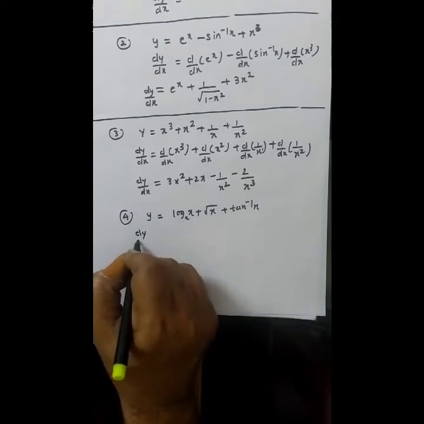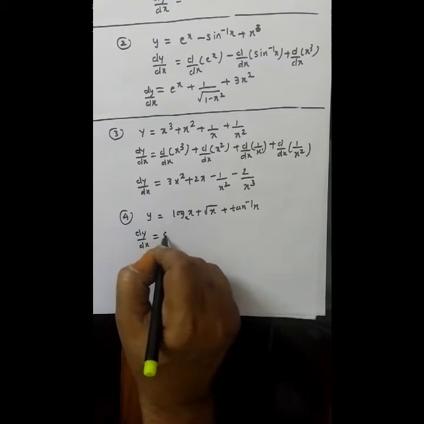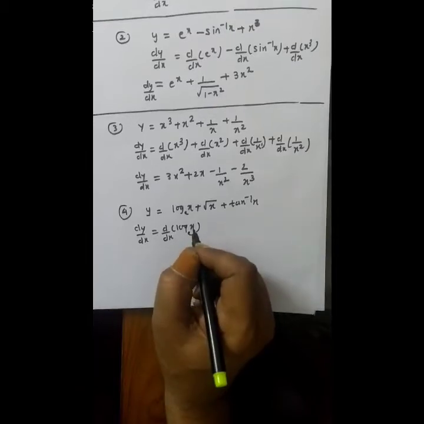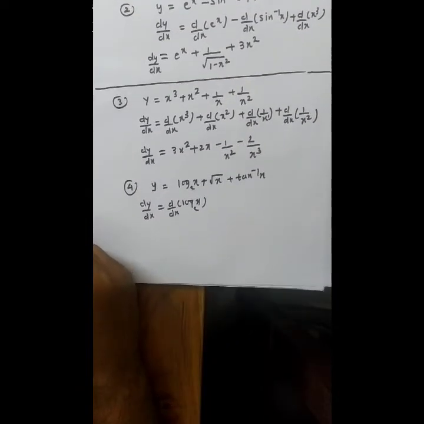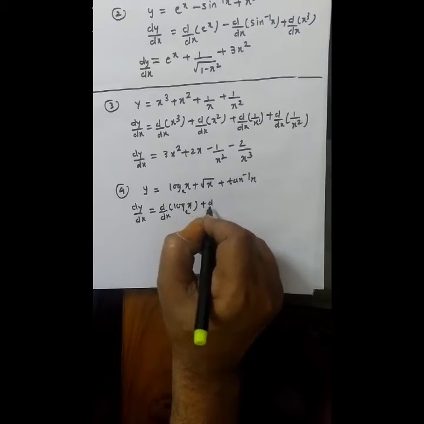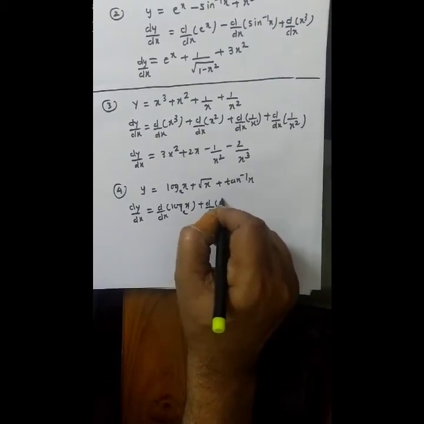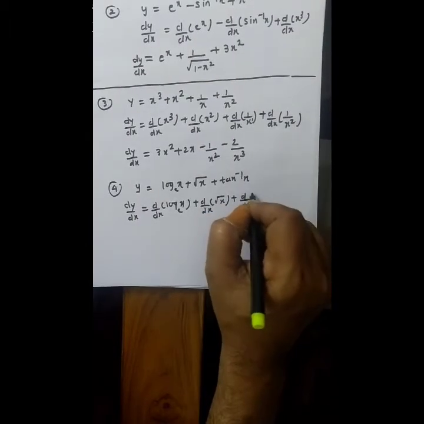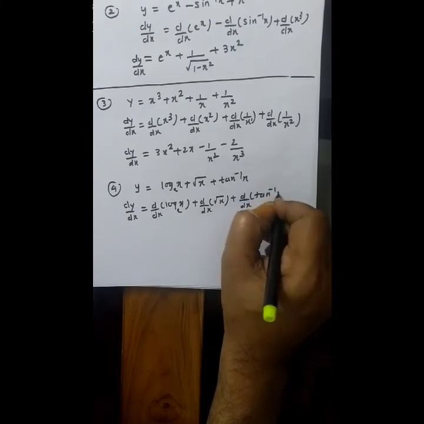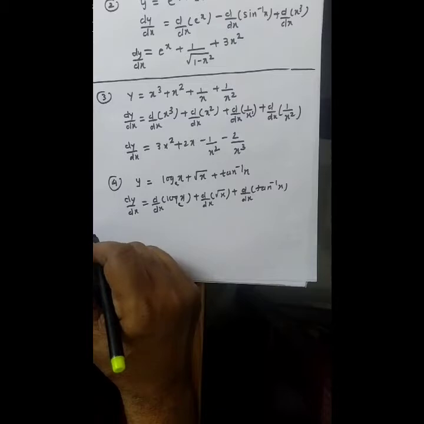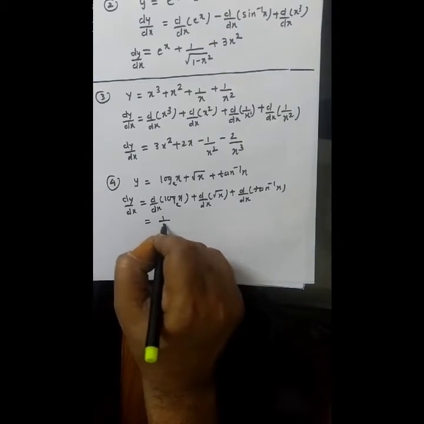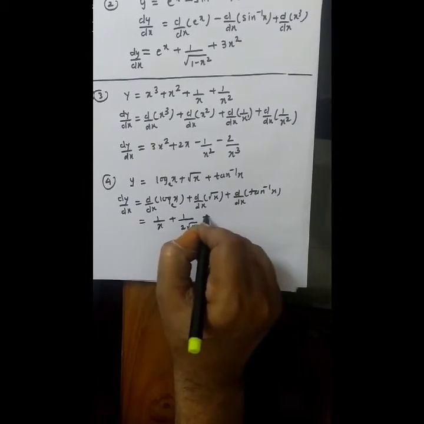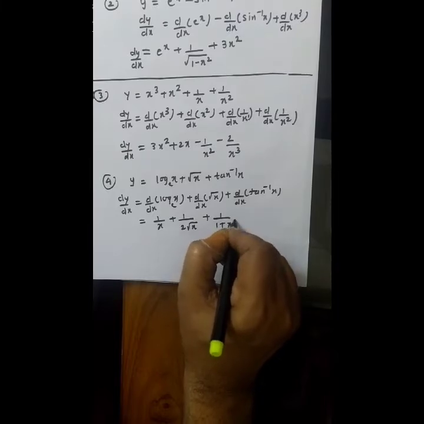So dy by dx is d by dx of log x plus d by dx of root x plus d by dx of tan inverse of x. Now you have to apply standard forms for all. So derivative of log x is 1 by x, root x is 1 by 2 root x, tan inverse of x is 1 divided by 1 plus x square.